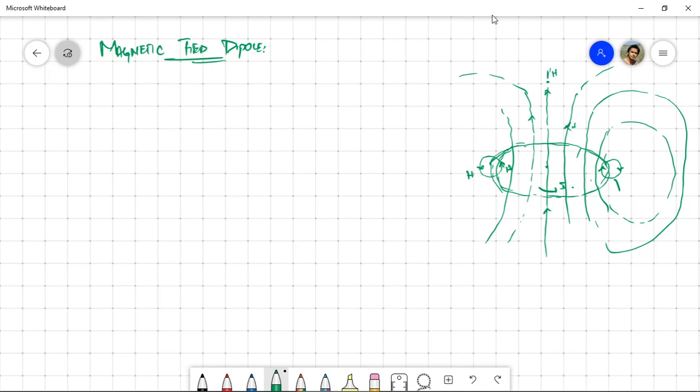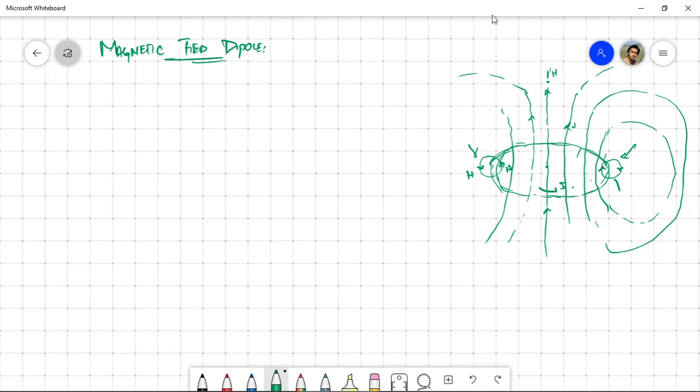So what we're seeing is that on the left hand side of this ring, the lines of force are coming out, and on the right hand side of this loop, the lines of magnetic field intensity are coming into the loop. So he's saying that this is one pole and this is the other pole. This current carrying loop is a magnetic dipole because it has two different poles.